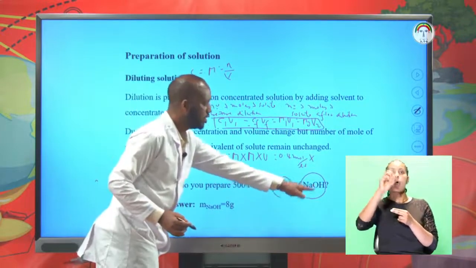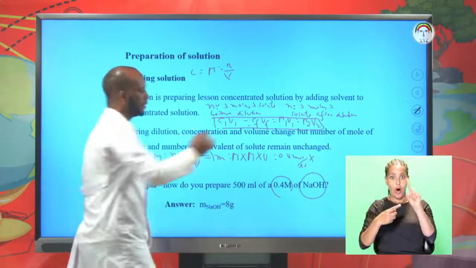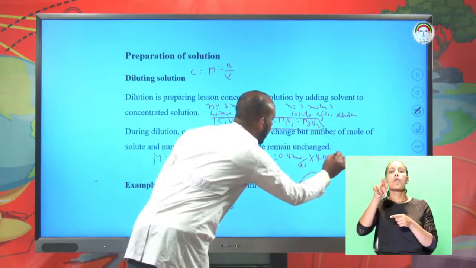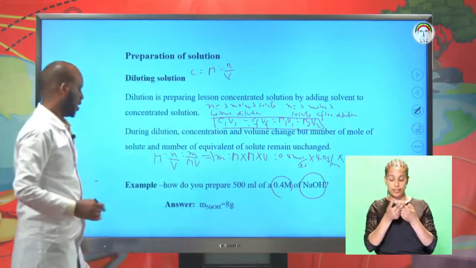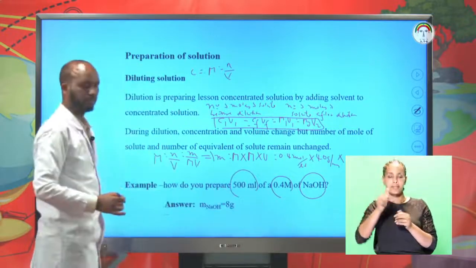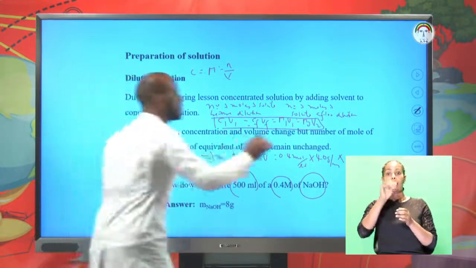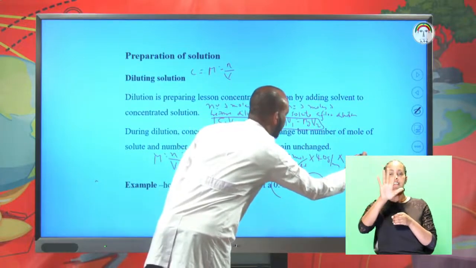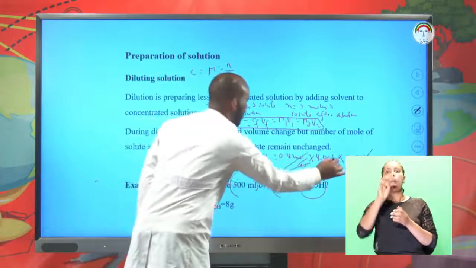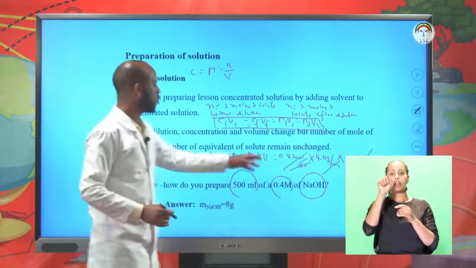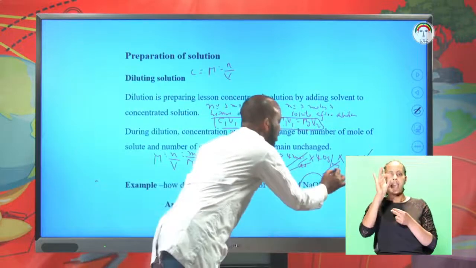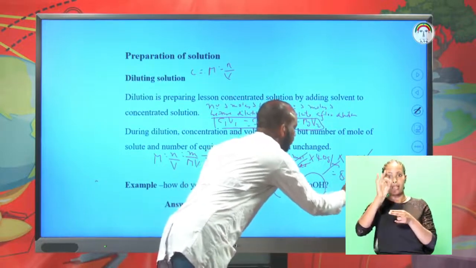Hydroxide, oxygen 16, hydrogen 1, total 40 gram per mole, times volume of the solution, 500 milliliter, in liter is 0.5 liter. Liter will be cancelled by liter, mole by mole. Therefore, 0.4 times 40 times 0.5 is 8 gram.